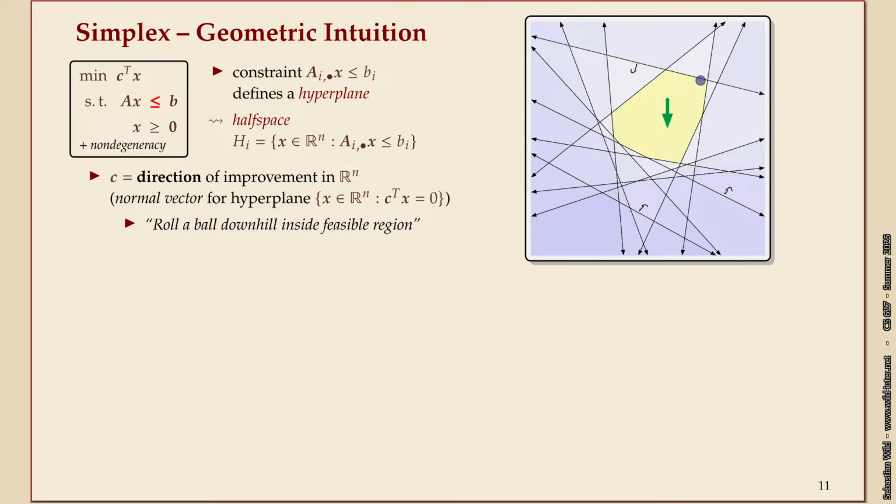Now, what about the cost function? In general, I drew the cost function before as this dashed line. In 2D it's some line with a certain slope, but I can always, visually at least, think of rotating my picture so that this dashed line is a horizontal line.